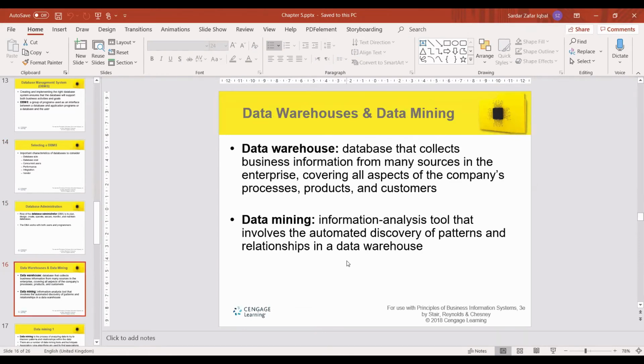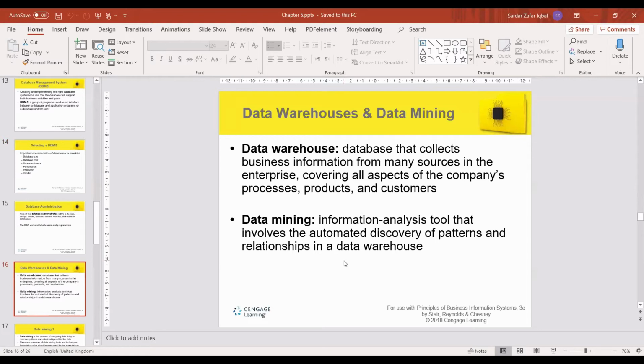Okay, next we have data warehouse. You are familiar with the warehouse in general, the place where we usually store things, right? Yes, doctor. So data warehouse means the warehouse where you can store data, inventory.